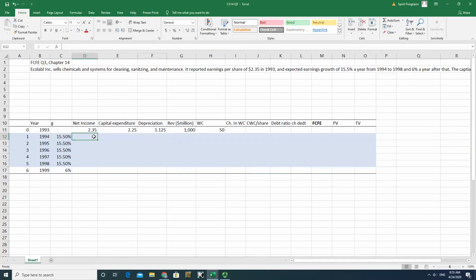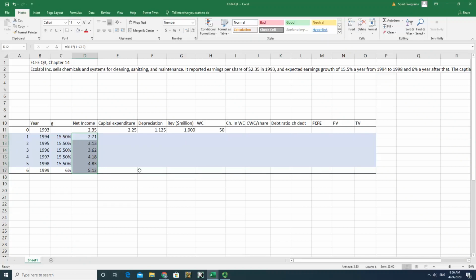And so I can do the calculation. The net income in 1994 equals the net income in 1993 times 1 plus the growth rate. Then you can copy this cell to the end.